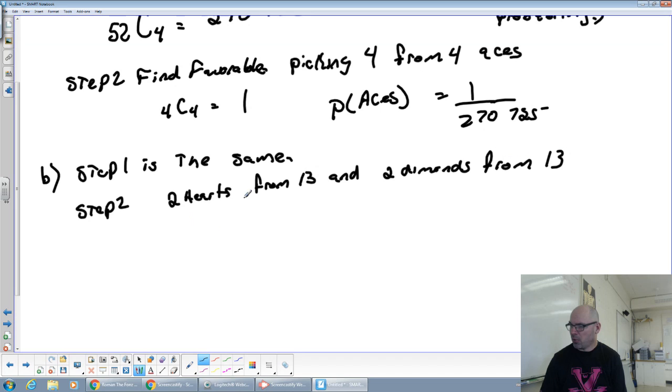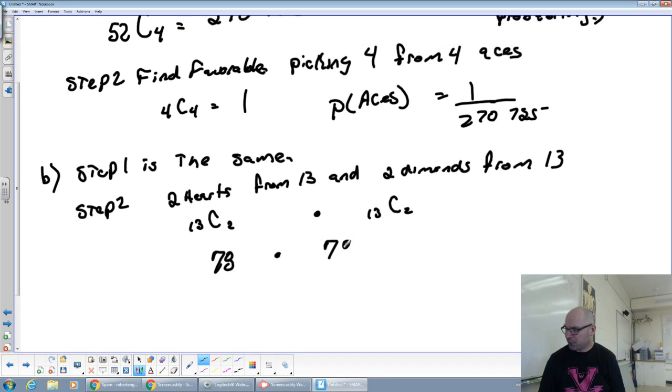So 2 hearts from 13 is 13 picking 2, and "and" means you multiply, and you need 13 picking 2. So you have to do 13C2 times 13C2. 13C2 gives us 78, so this is 78 times 78.